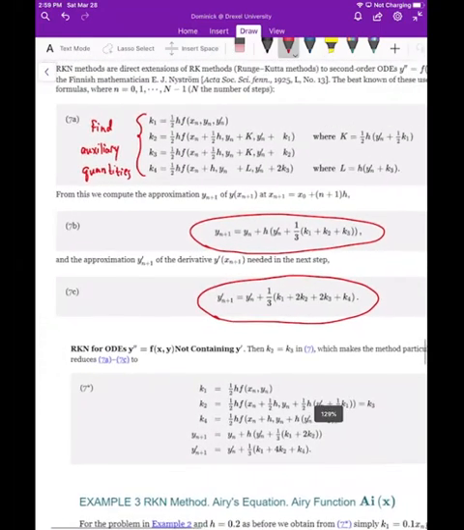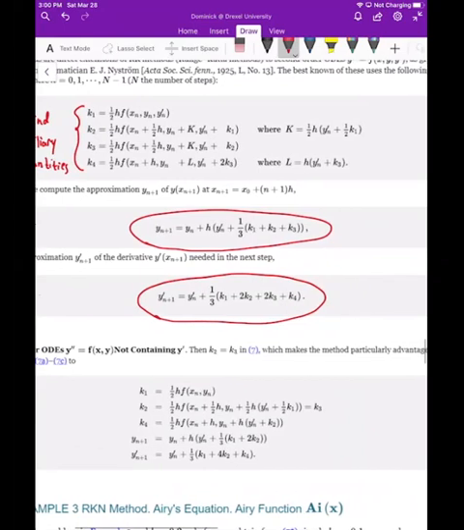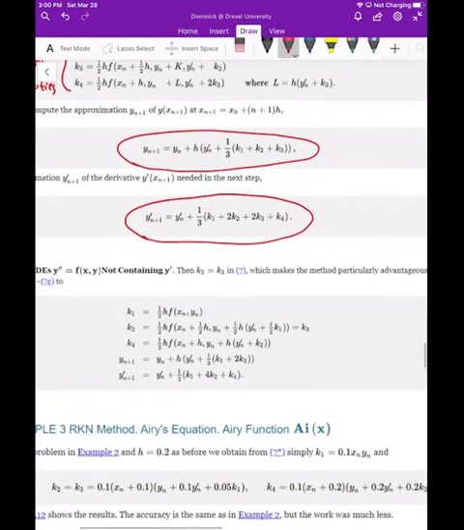Now, if you have a y double prime just equaling some function of x and y, in other words, there's no y prime term, then of course K2 and K3 will become equal, and that will really cut down on your computational time, as we'll see in just a second here. All right.